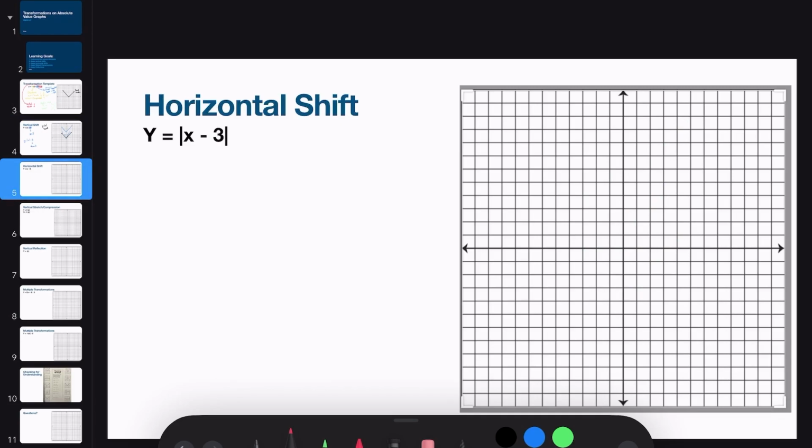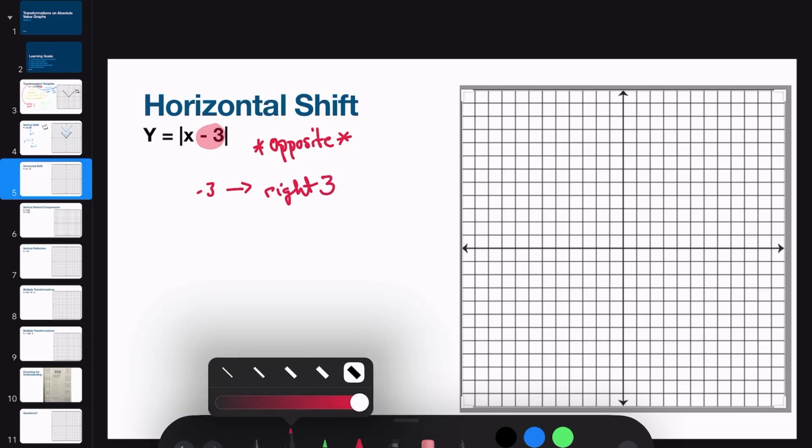Now this is our horizontal. We are inside the absolute value. And when I say inside, that shift is affecting our x right away. So I said earlier that it's going to be opposite of what that value is. So this is a minus 3, which means that I'm going to be moving it to the right 3 units.